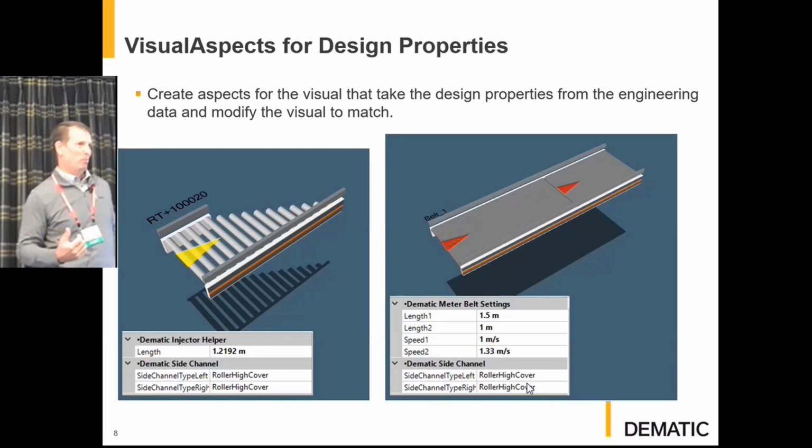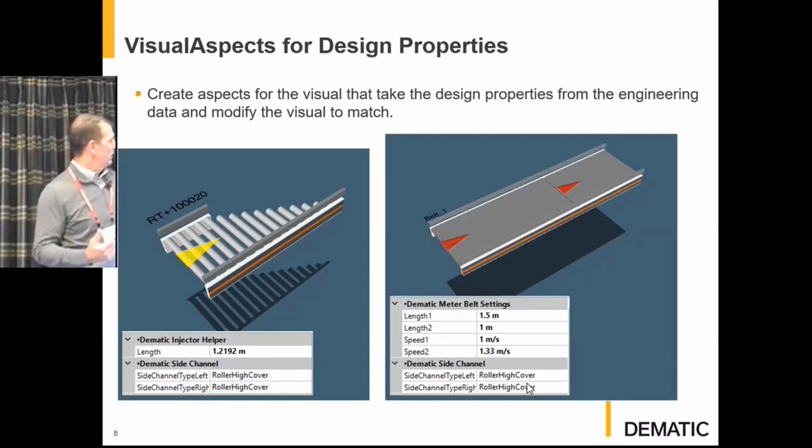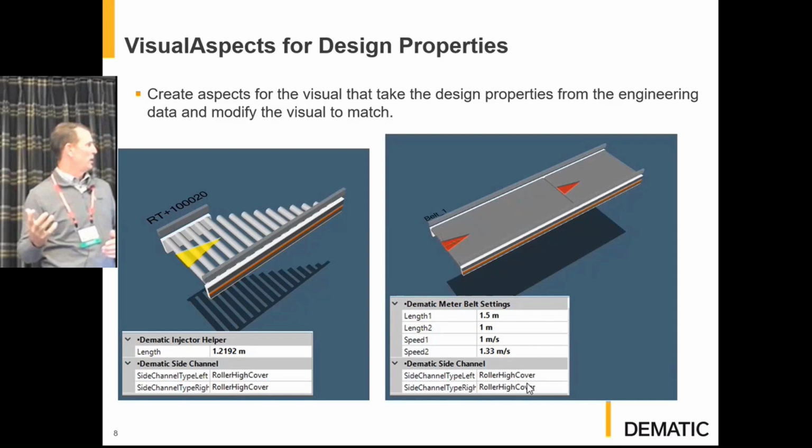Now that the binding properties, we may use more visual aspects in the future, but what we did was data coming over from our design model didn't always line up with the data for the properties in the visual.